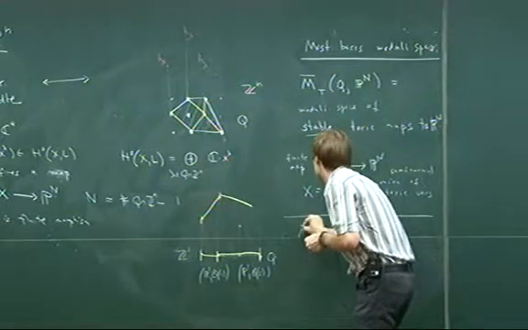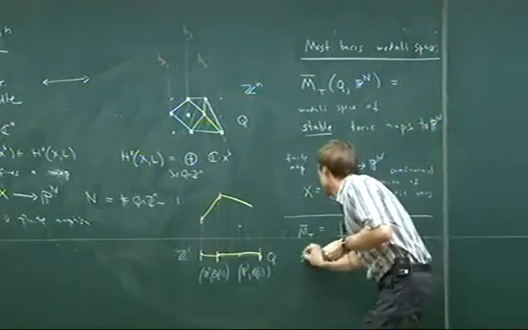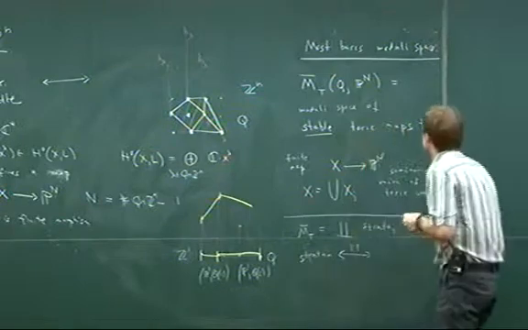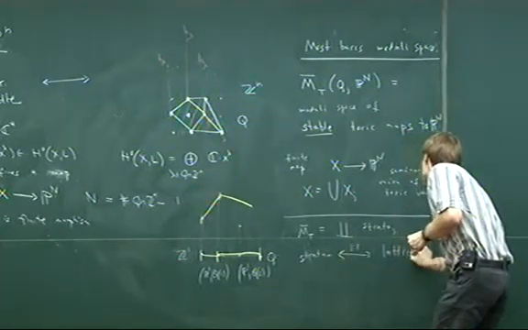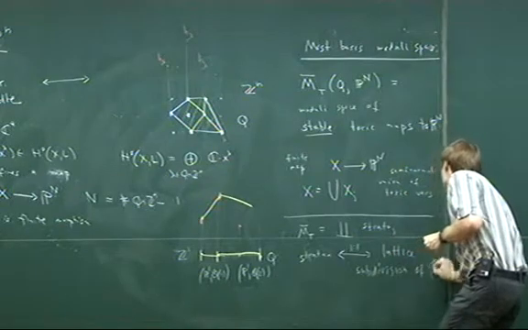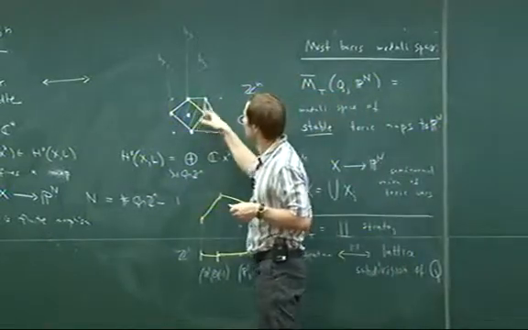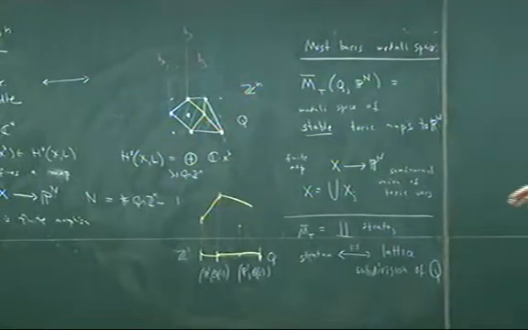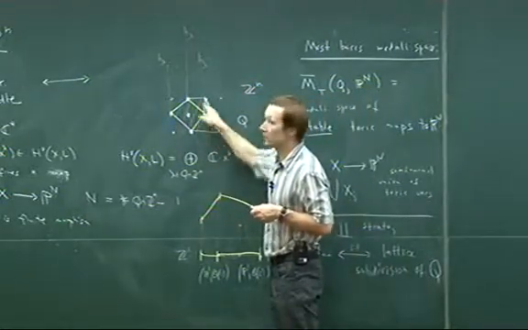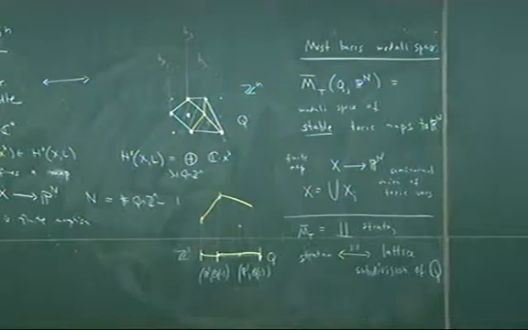So this moduli space is a disjoint union of strata, and each stratum corresponds to a lattice subdivision of Q. So if you start with a polytope, then you consider all the ways you can subdivide it into smaller lattice subpolytopes, and for each of these subdivisions, there will be varieties that look like this, and maps to Pn.